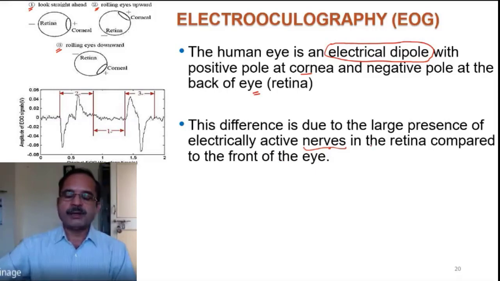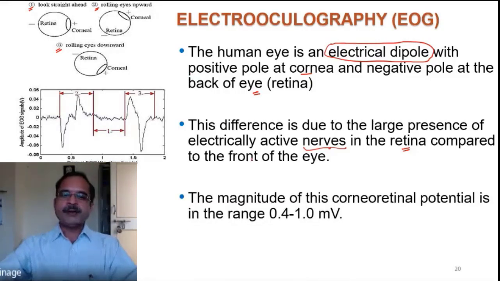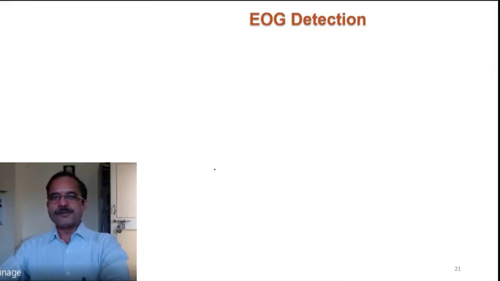The concentration of nerves near the retina is much higher than in the front part of the eye. That's why this type of potential exists. The magnitude of this corneoretinal potential is in the range of 0.5 to 1 millivolt.